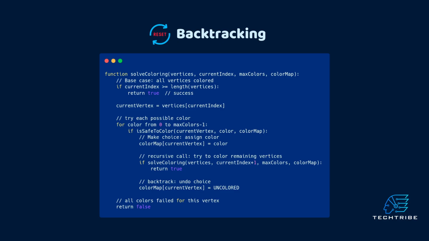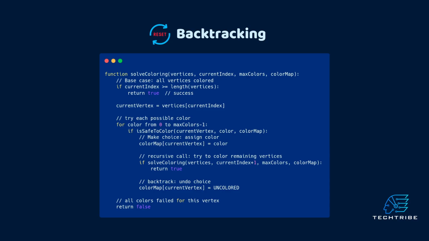And then we do a recursive call. That's why we are passing the current vertex as an argument. So we do a recursive call again. We pass the vertices, the current vertex plus 1, the max colors, and the color map. We then return true if it completes okay, and otherwise we backtrack.